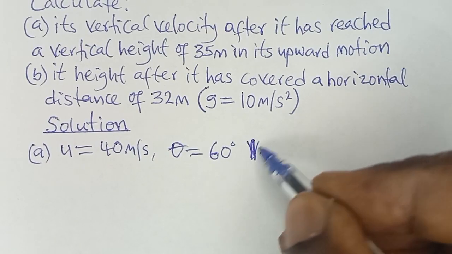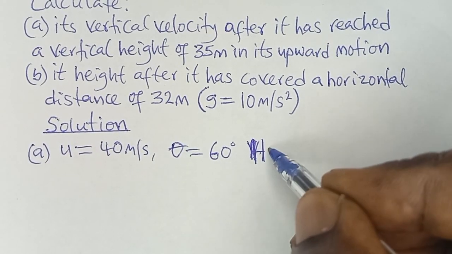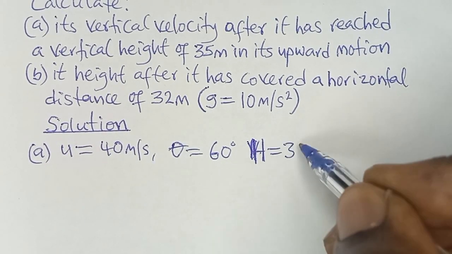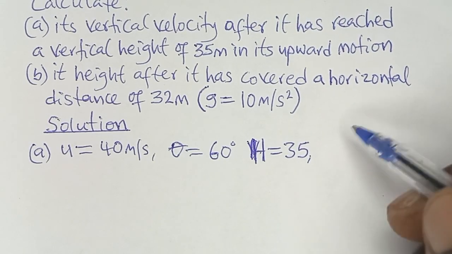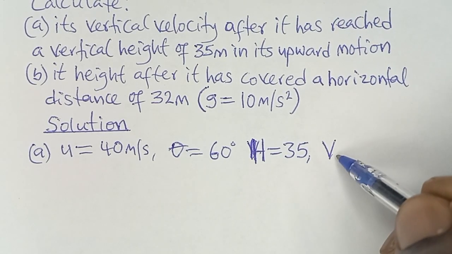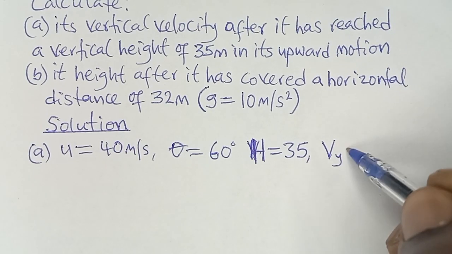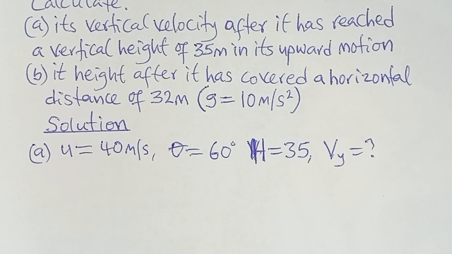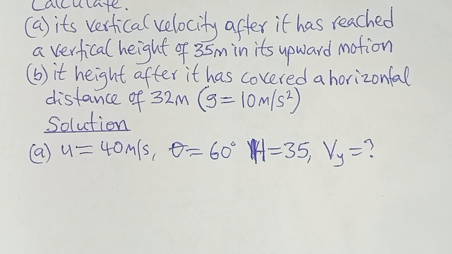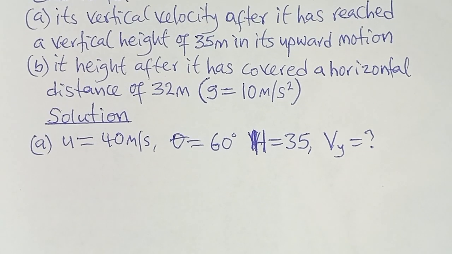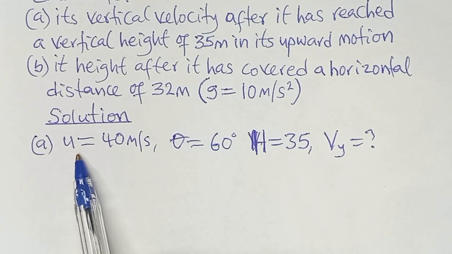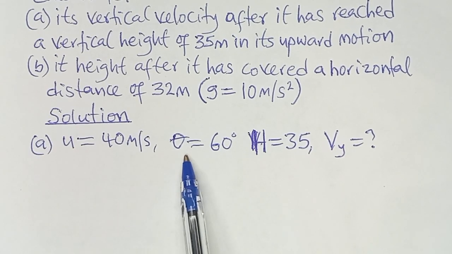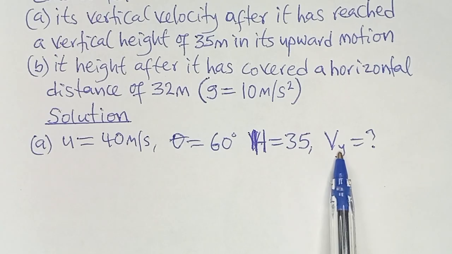That vertical height is H. So after it has reached a height of 35 meters, we have to find the vertical velocity, which is V subscript Y. Now, for us to solve this, we can apply an equation of motion that directly relates U, theta, H, and Vy.